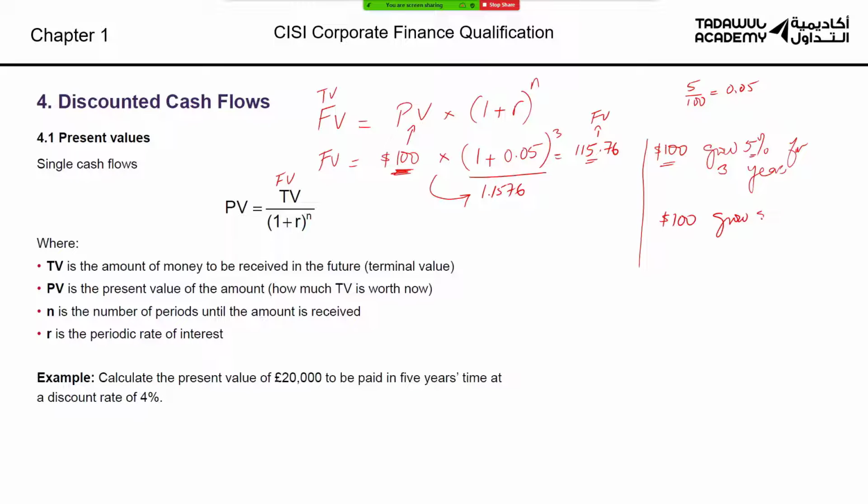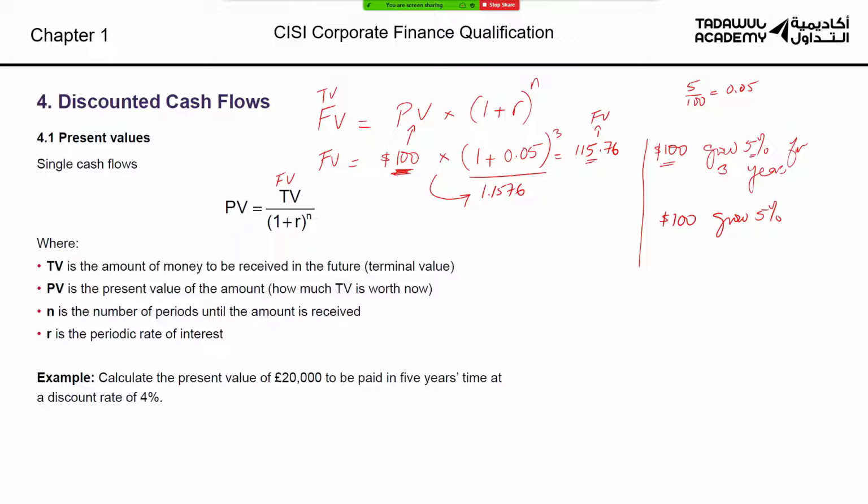So if this is an investment which you start with $100 and it will grow by 5%, remember, interest rates and yields are always quoted annual. So if CISI gives you this, grows 5%, the interest rate, assume that this is 5% per annum automatically.